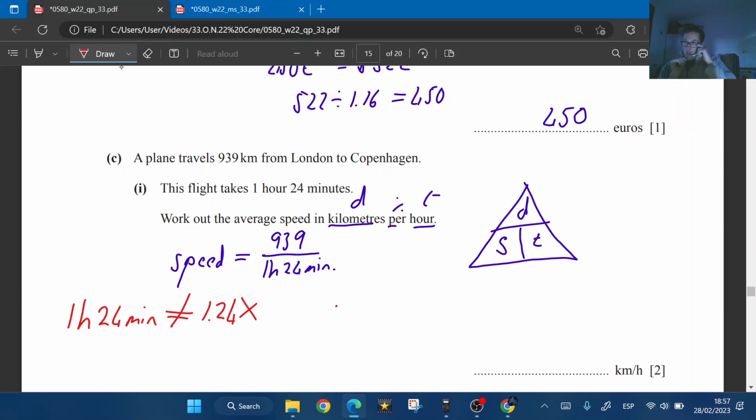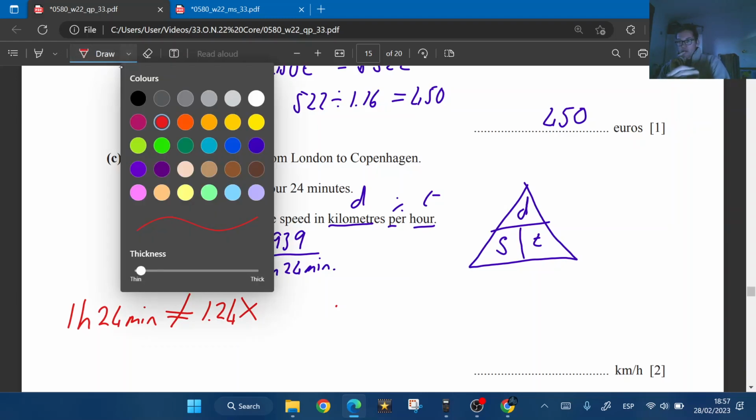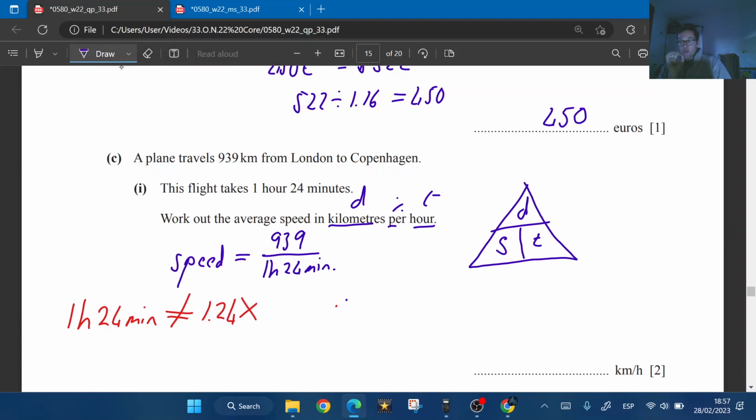Don't do that. What is correct is to recognize that 1 hour 24 minutes is the same as 1 hour and 24 minutes out of 60. Time, we stop counting at 60, whereas decimals we count up to 100.